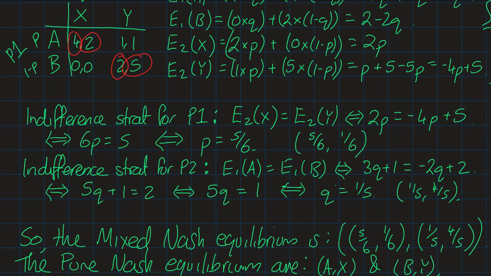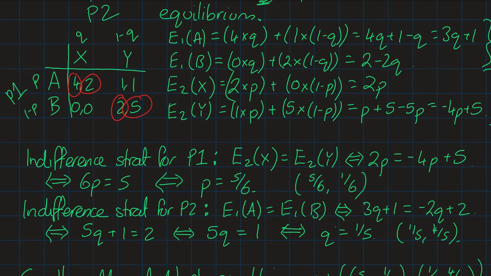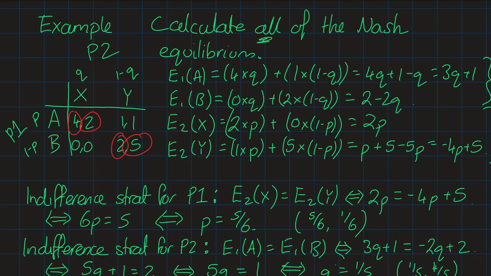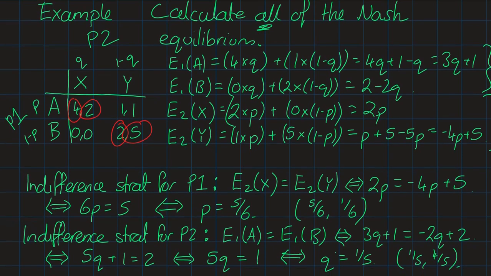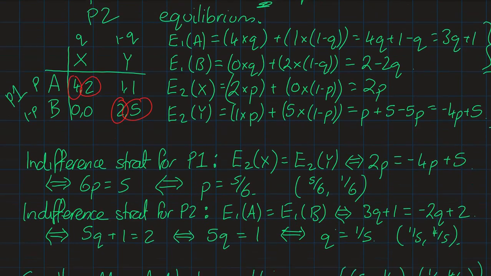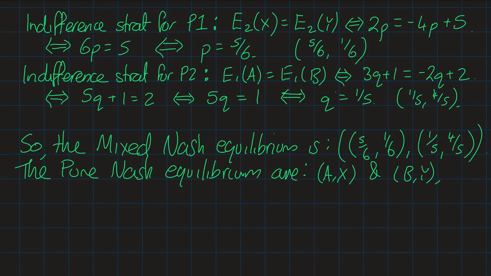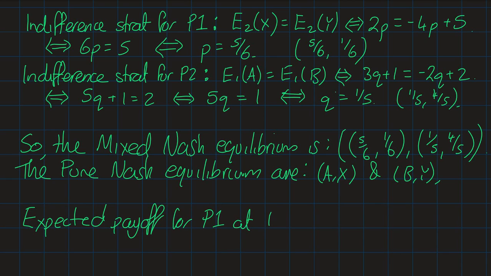So there's one more thing I want to talk about with regard to this example, and that's working out the expected payoff at the mixed Nash equilibrium. So I want to know the expected payoff for player 1 at the mixed Nash equilibrium.